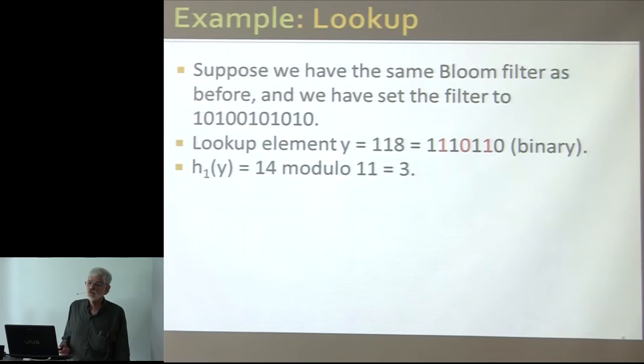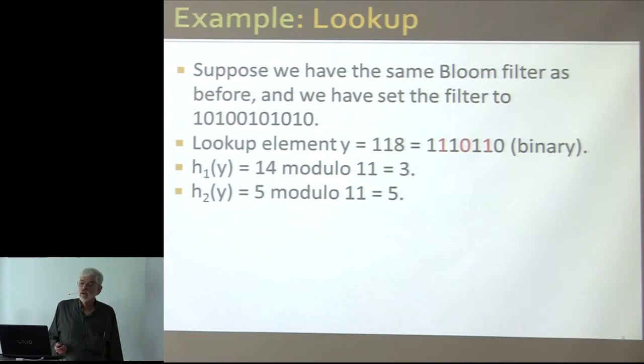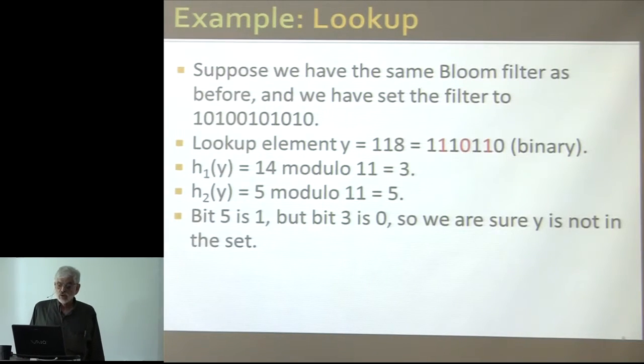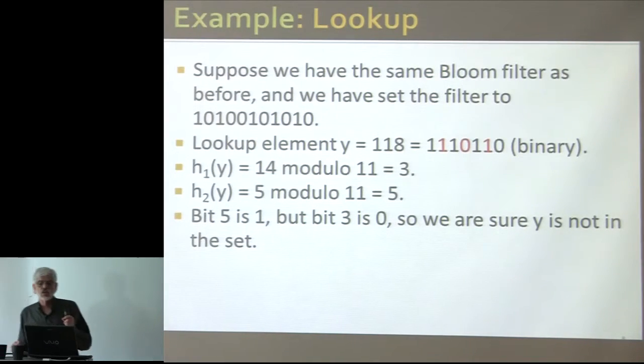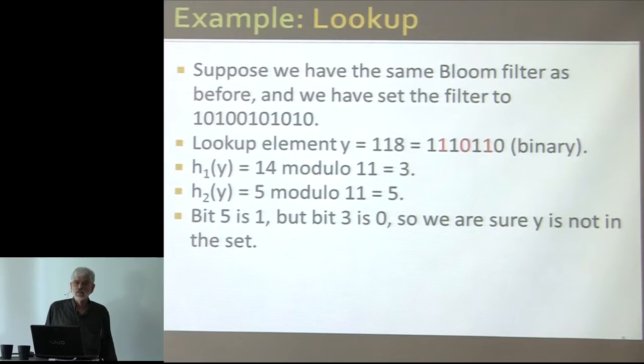So H1 of y is 3, and H2 of y, that's the red, is just 5. Now it turns out bit 5, which is 0, 1, 2, 3, 4, 5, the 5th position, is 1, so it looks like maybe we did see 118. But fortunately, position 3, 0, 1, 2, 3, is a 0. So I'm absolutely certain that I have not seen 118.